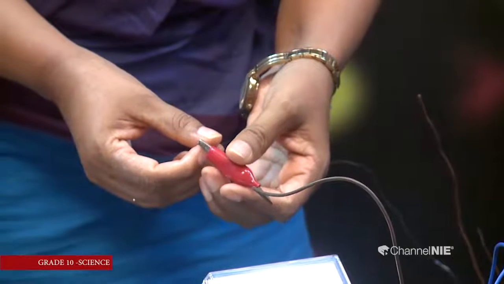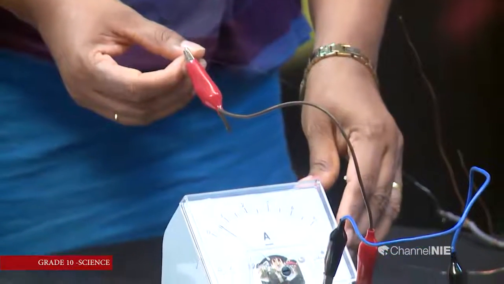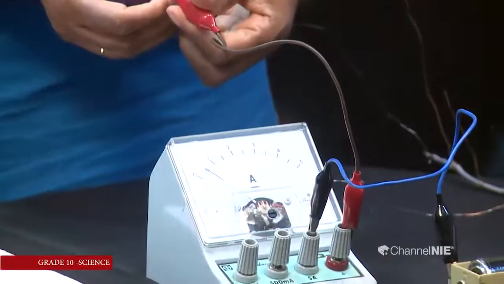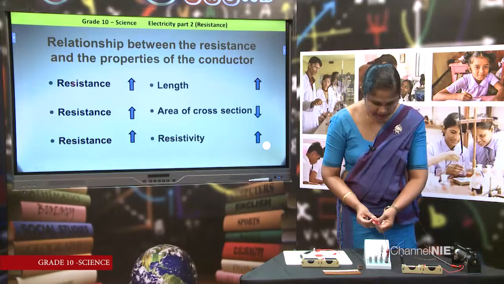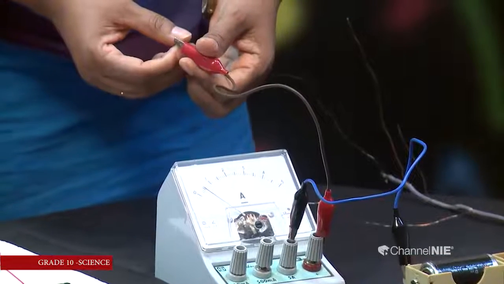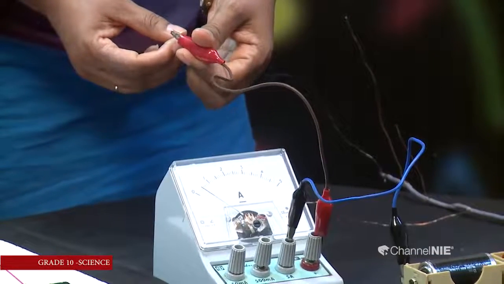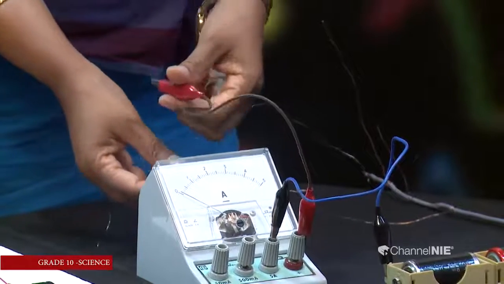Now, see the ammeter reading. Again, I am going to switch off. Right, now again I am connecting. See the ammeter reading. It's about 0.4 amperes.